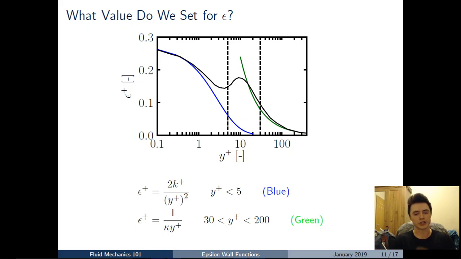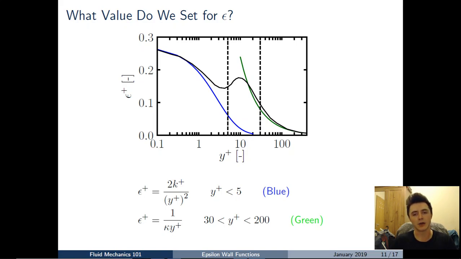And what they are is equation 3, epsilon plus is 2k plus over y plus squared. So as y plus increases, epsilon drops off rapidly away from the wall. And then we have a green line for the logarithmic law region where epsilon plus drops off a bit more slowly, which is just 1 over kappa times y plus.